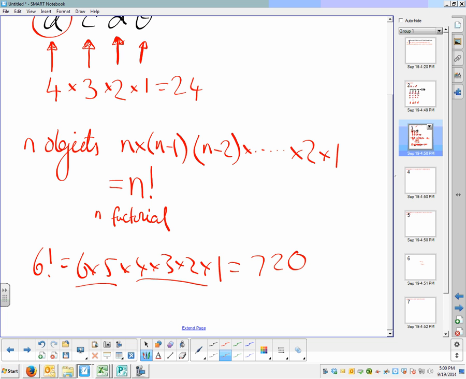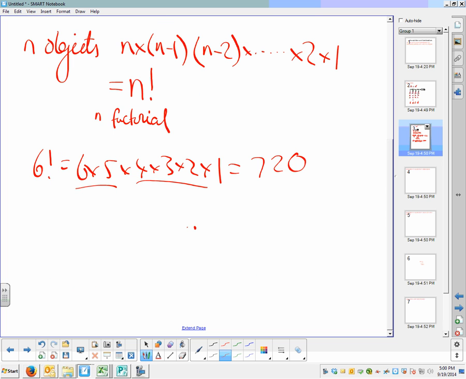And obviously that number gets big really fast. 12 factorial will be a really big number. And your calculator probably can't do, I don't know, maybe more than 100 factorial or something like that.